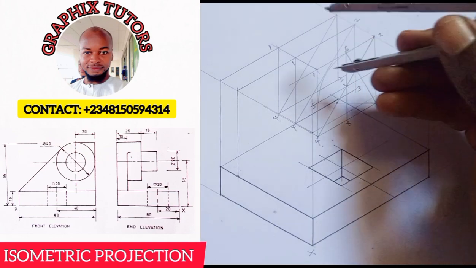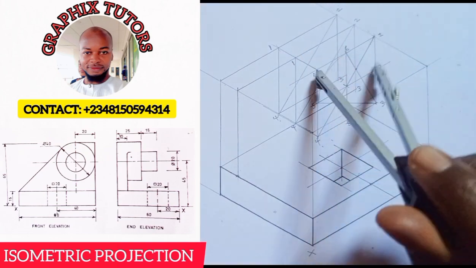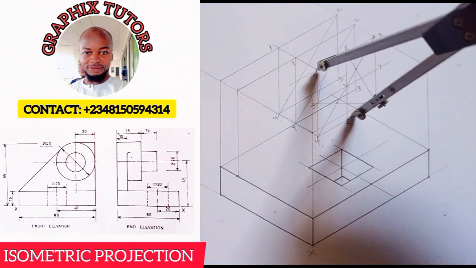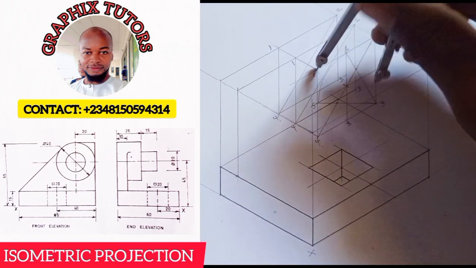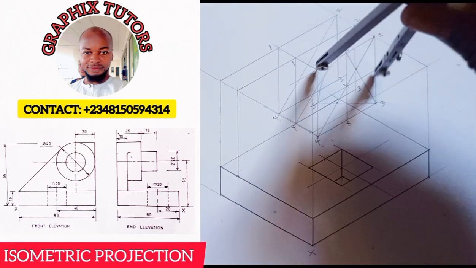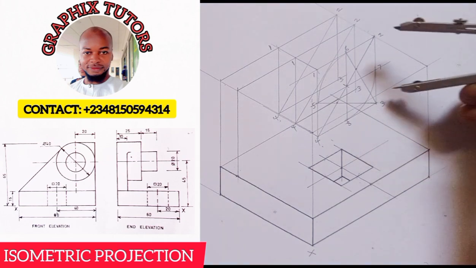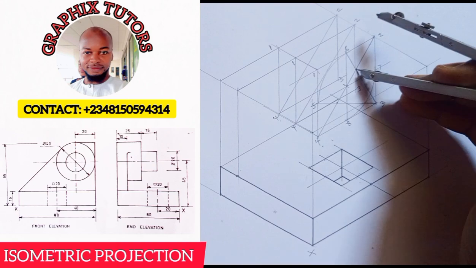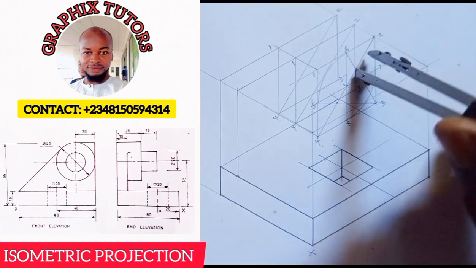And when I place it at 1, I'm going to connect 8 and 7, this way. Can you see that? When I place it here, at this point here, I'll connect 6 and 7.